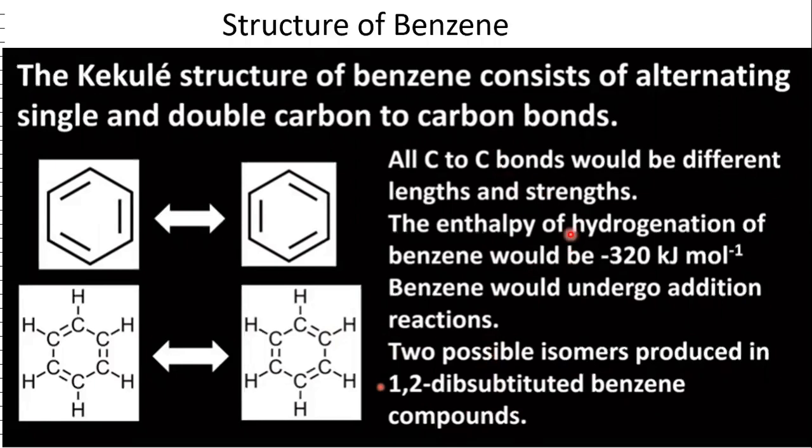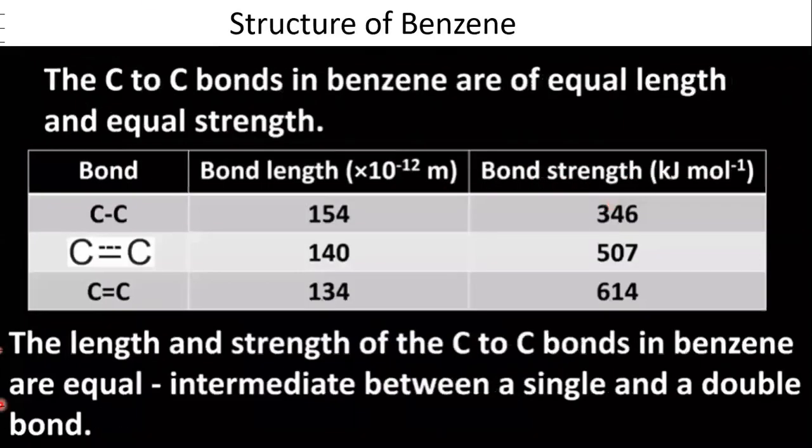We'll move on to the next point, that is, all carbon to carbon bonds would be of different length and strength. The carbon to carbon bonds in benzene are of equal length and equal strength. This is one part of the physical evidence where you can see the length and strength of the carbon to carbon bonds. Here we could see a chart which shows bond, bond length and bond strength.